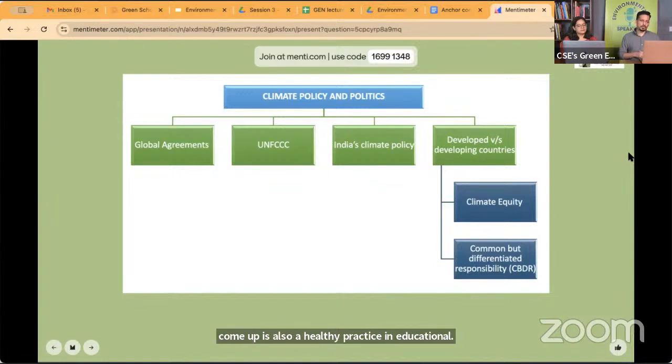Then, of course, the politics of it, the developed versus developing countries, what are the issues in discussing equity? When we were talking about the agriculture issue, Pratima ma'am mentioned agriculture consumption. So agriculture is a very politicized topic.